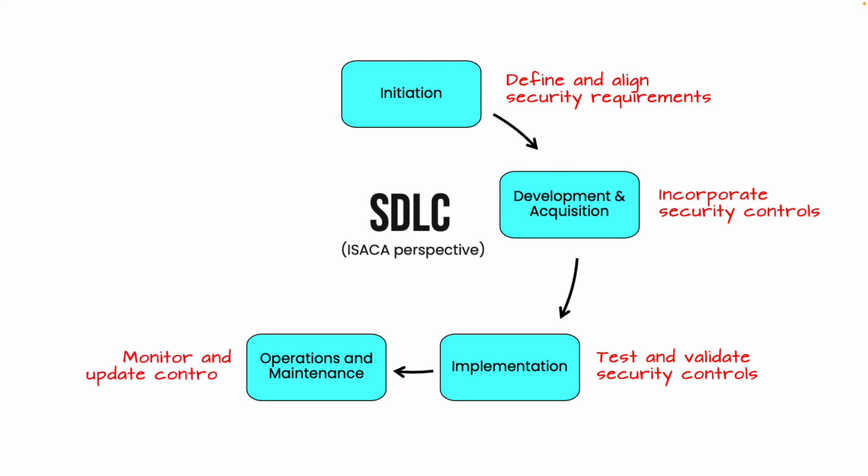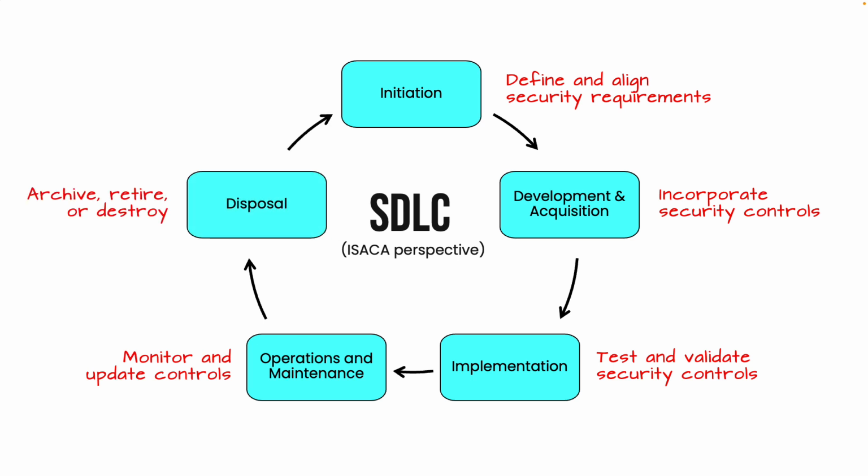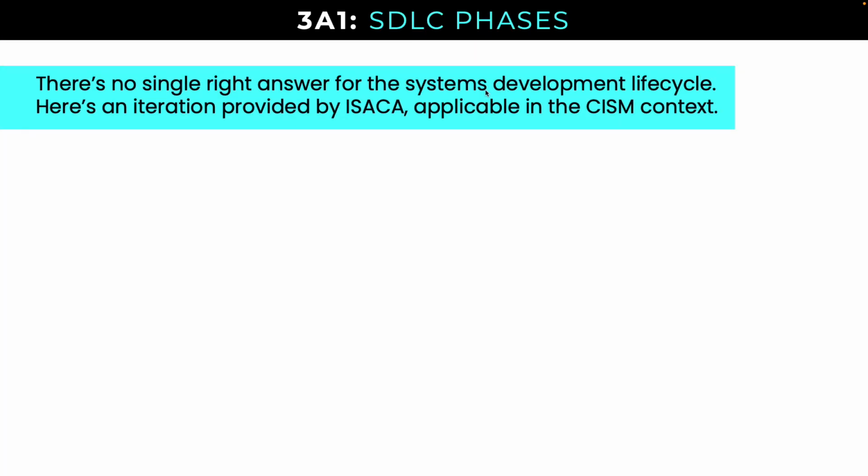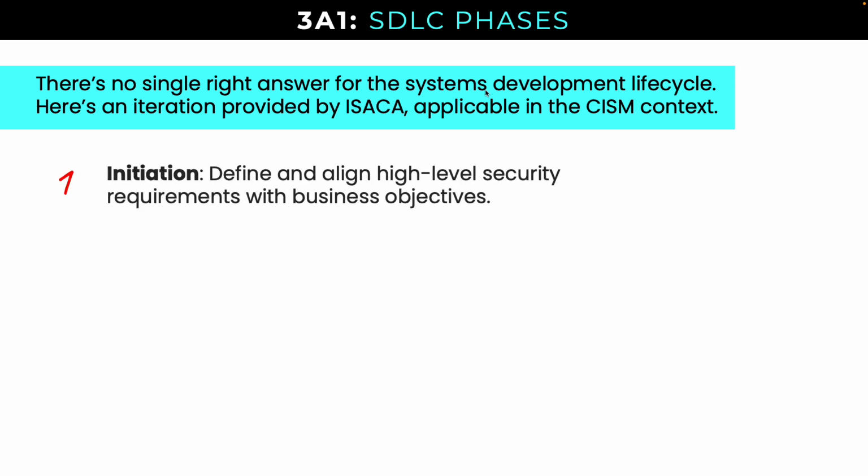Operations and maintenance, where we monitor and update the controls over time as necessary, as conditions dictate. Then, of course, when we get to the end of the life cycle, we have disposal, where we archive, retire, or destroy as necessary. So just to lay these out with a bit more detail applicable to the CISM exam.